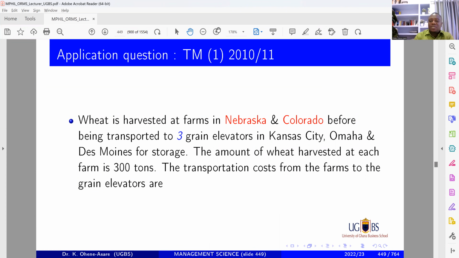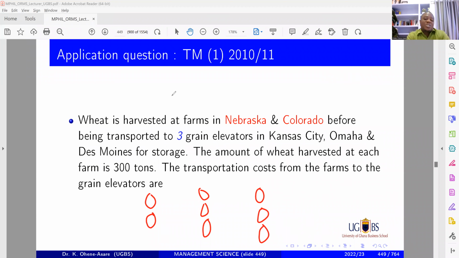What do I mean? Let me just give you a quick drawing. We have Nebraska here, we have Colorado there, but the 3 cities, which are Kansas City, Omaha, Des Moines, are now transshipment nodes. And then we already know our demand nodes: Chicago, St. Louis, and Cincinnati.